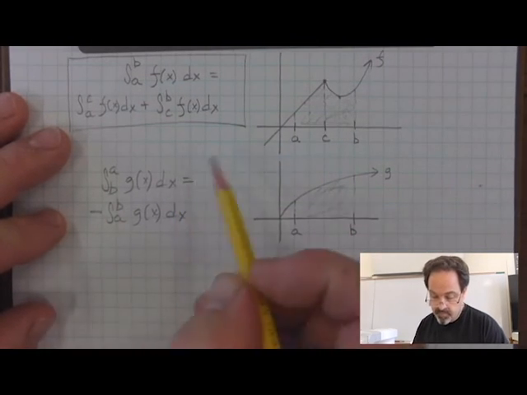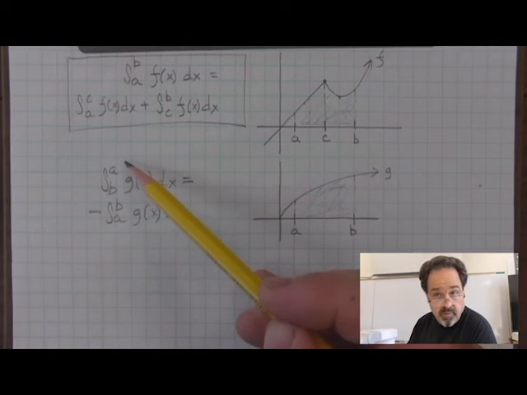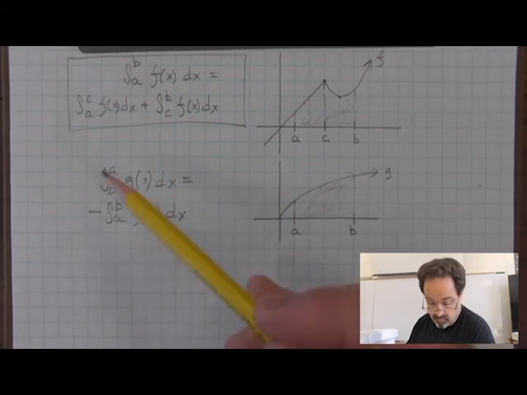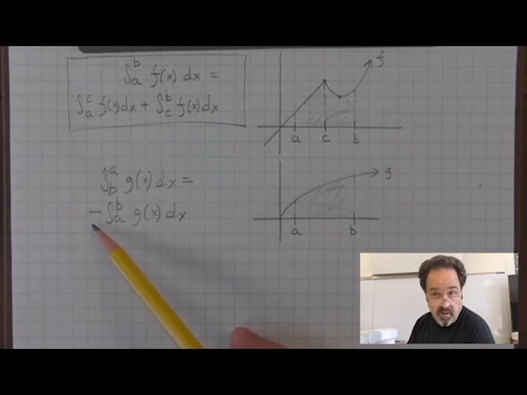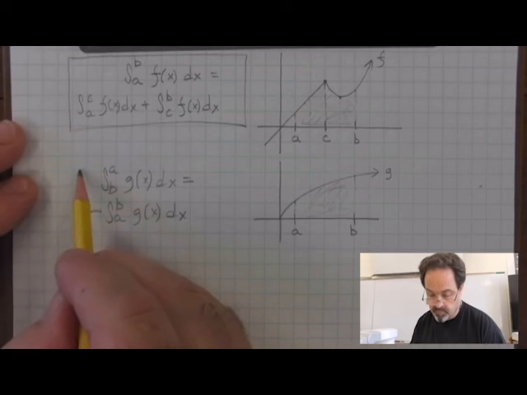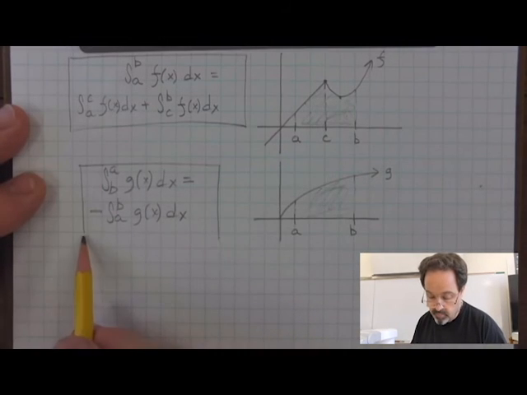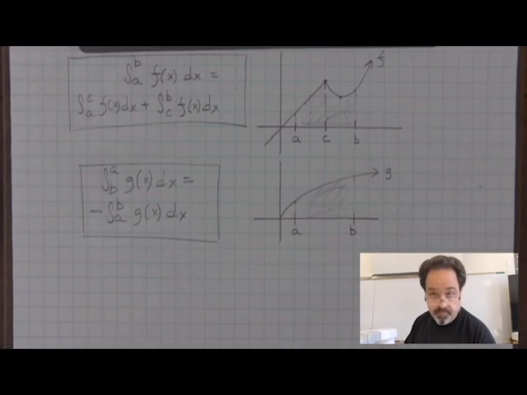In other words, I can switch the bounds of integration as long as I then switch the sign of the entire integral. This is a property of integrals that works for every function.